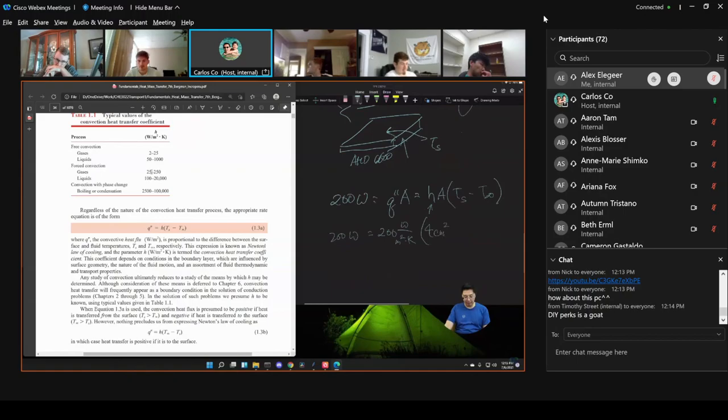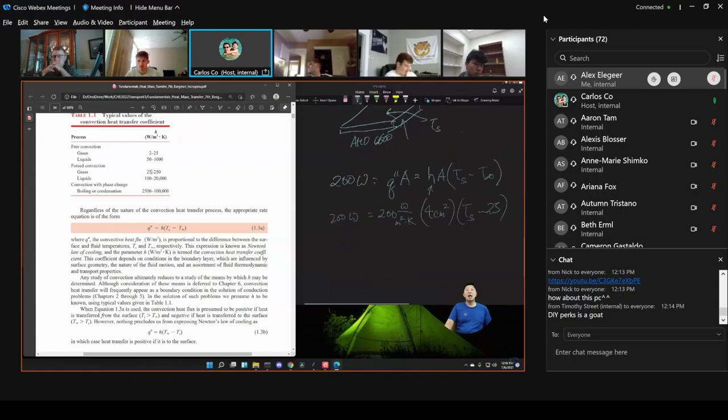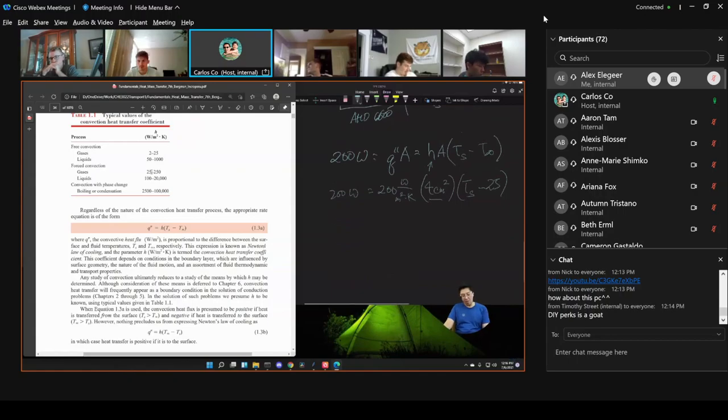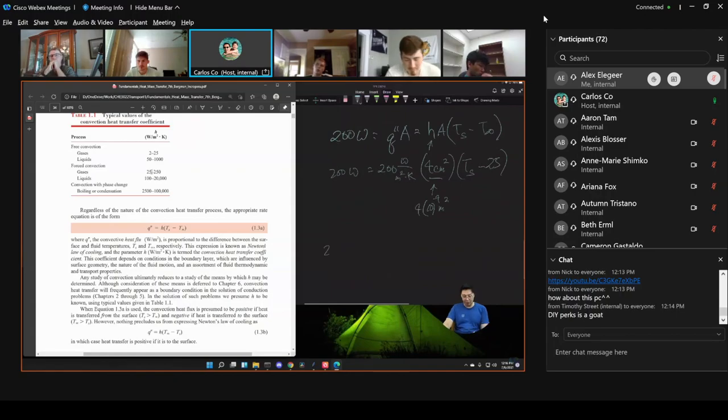And then you've got the surface temperature of your chip minus 25 Celsius. Now, 4 cm squared is 4 times 10 to the minus 4 square meter. So you have 200 watts is equal to, with the 2 zeros there, 8 times 10 to the minus 2, times Ts minus 25.